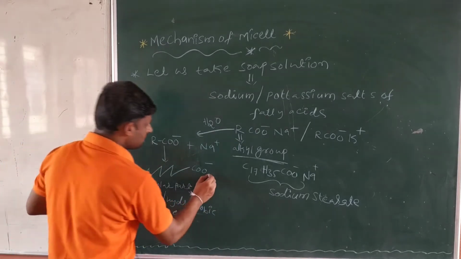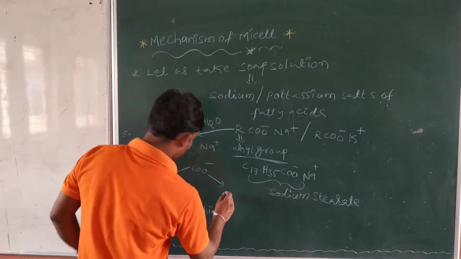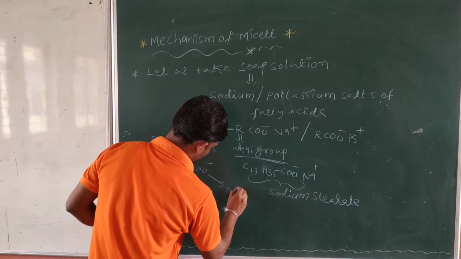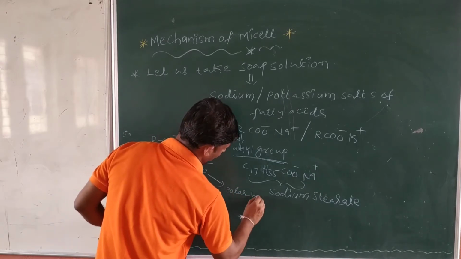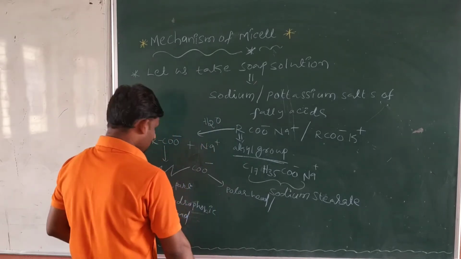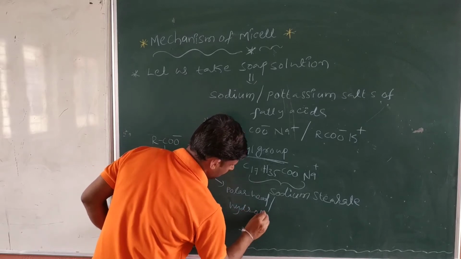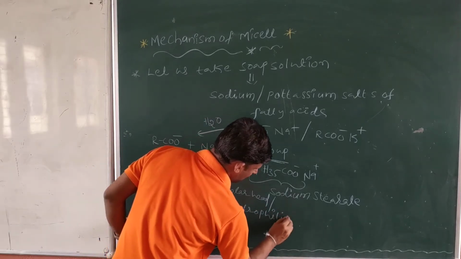Next, this is called COO minus. This is called a polar head or ionic head. Polar head, and I am writing hydrophilic end. Are you getting my point?